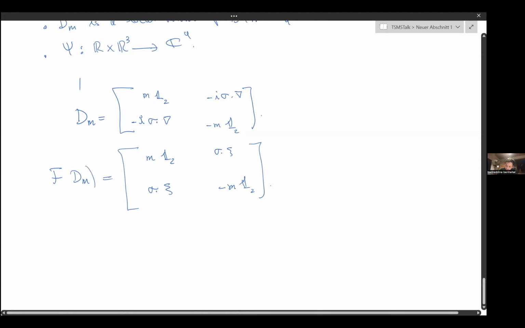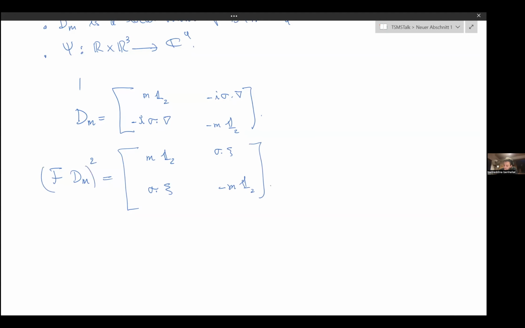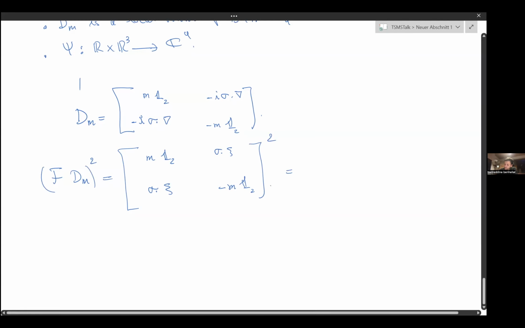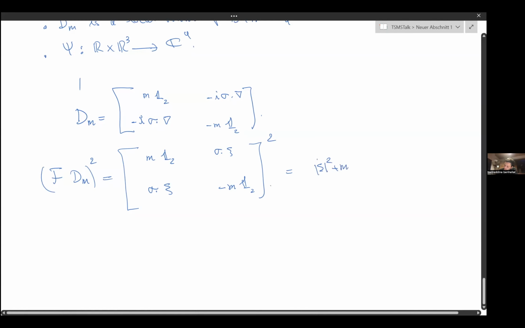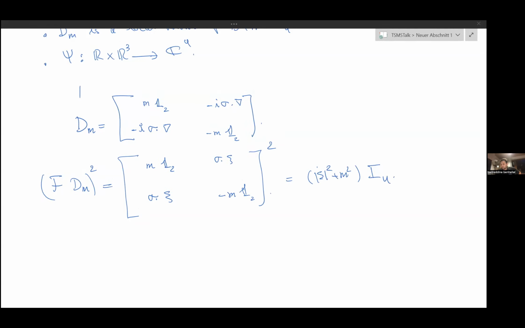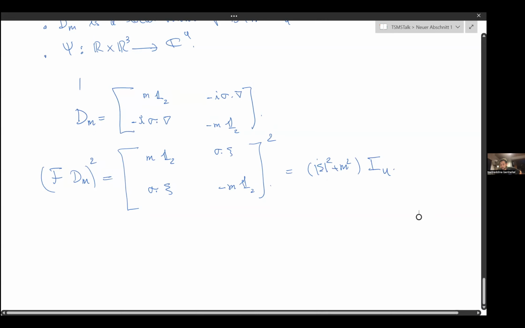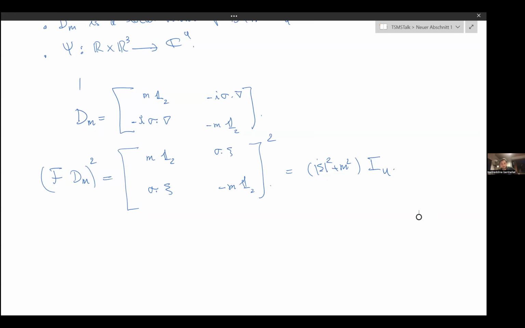And the square of these, if you take the square, in fact you get xi squared plus m squared, times the identity on C4. And now you can easily see that the Dirac operator is unitarily equivalent to multiplication by this factor.